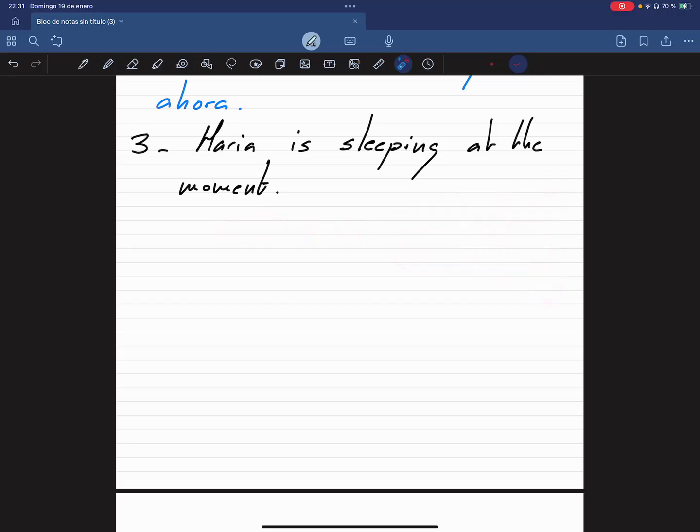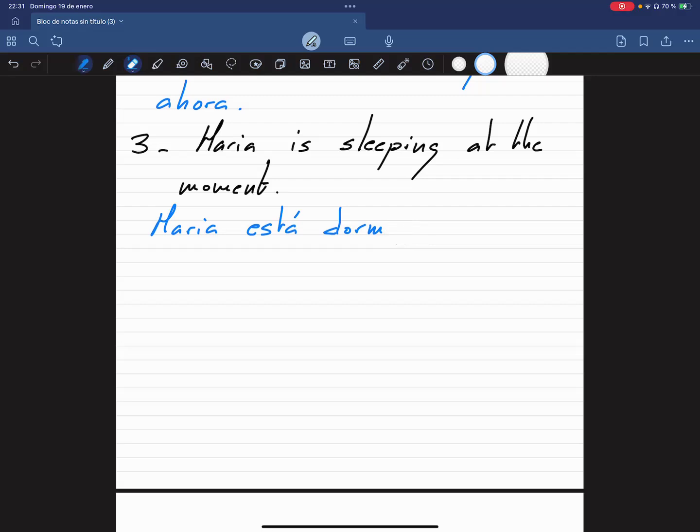So we would say something like María, and now the verb estar, está. And what's the verb to sleep? The verb to sleep is the verb dormir. So we have to turn that dormir, that means to sleep, into a sleeping.